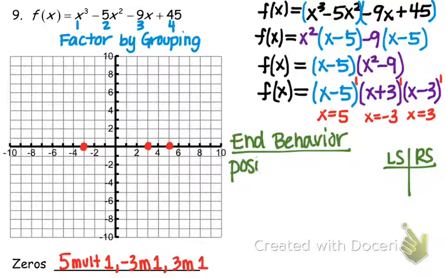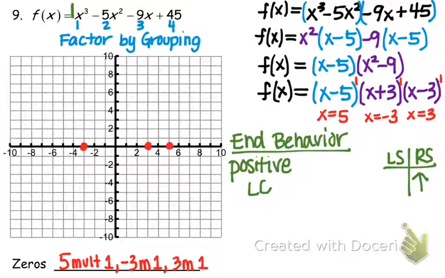And since our leading coefficient, that is the number in front of this x cubed term over here, is a positive 1, then this is positive, which means that the right side of our polynomial function will end going up.